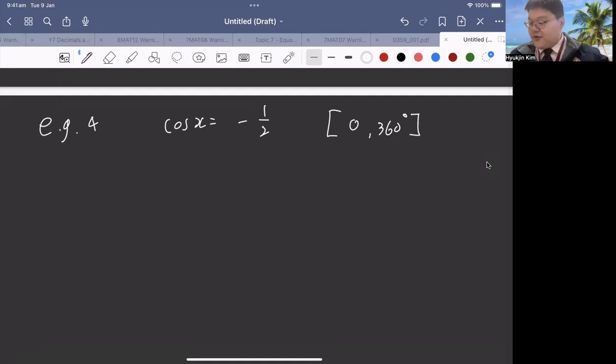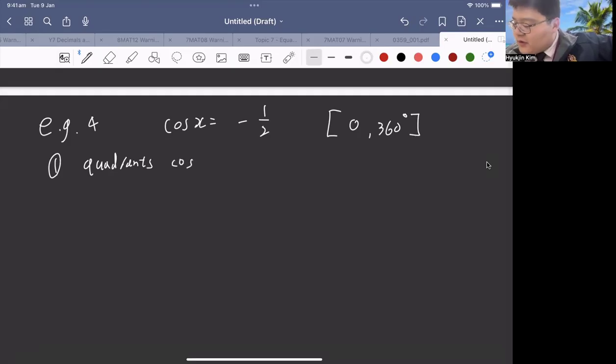Okay. First thing first, the quadrants for cos of x to be less than 0, which means negative, should be quadrants 2 and 3.